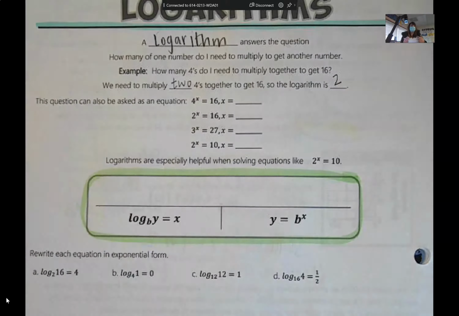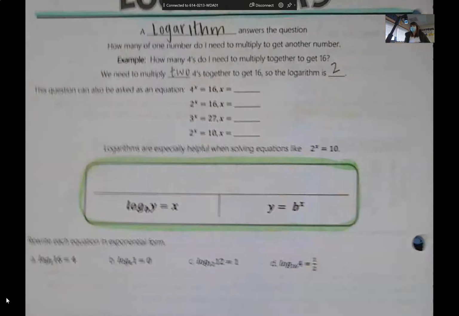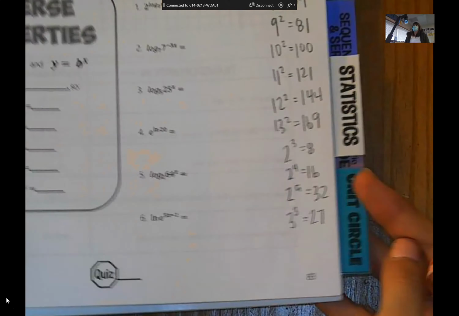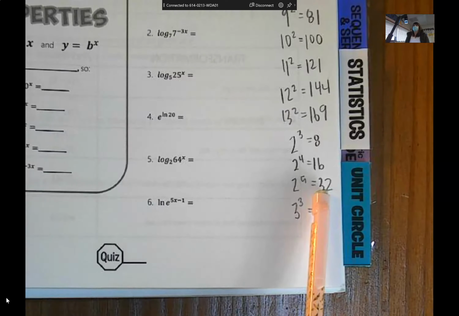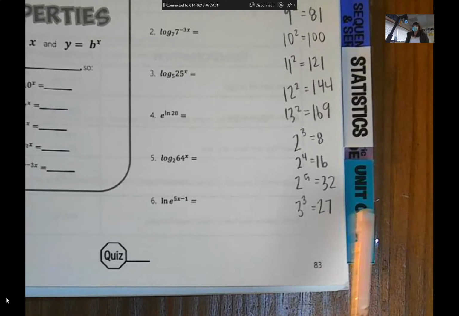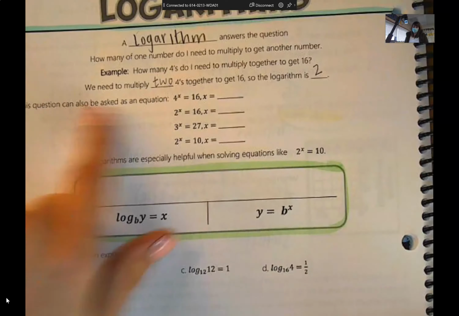It literally tells you how many times you should take this number and multiply it together. That's why I had you write down this quick cheat sheet, because logarithms are based off of how many times I would need to multiply 2 together to get 32. Well, the logarithm would be 5. So that's basically what it's showing you right here.